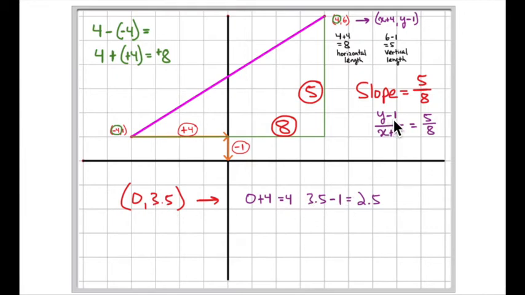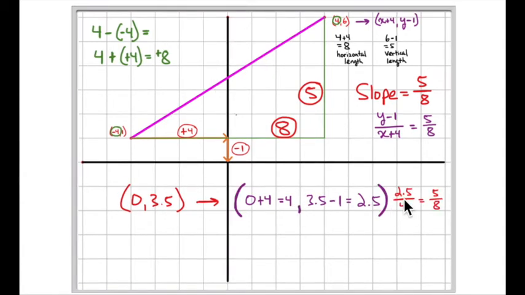So 3.5 minus 1 equals 2.5. And the x value is 0. So this 0 right here plus 4. So 0 plus 4 is equal to 4. So the ratio, 2.5 to 4, is in fact equal to 5/8. So that tells you, just like we graphed, that the point 0, 3.5 is on this line.